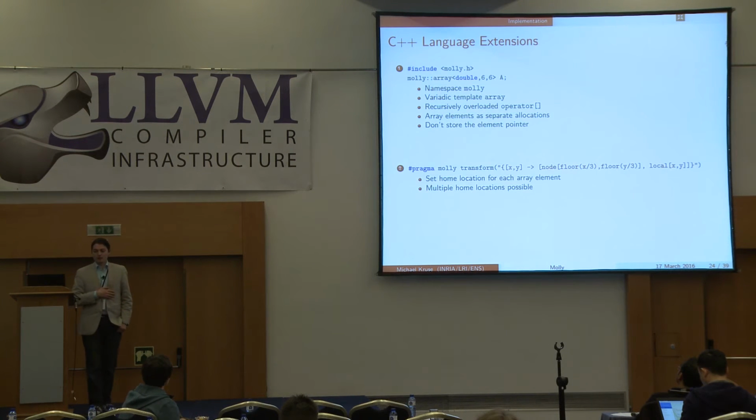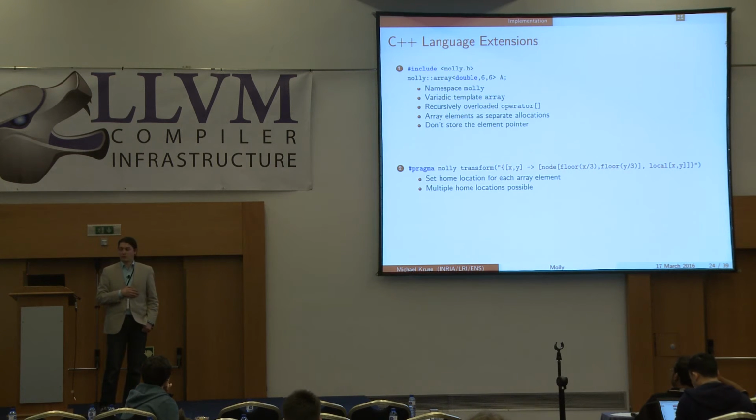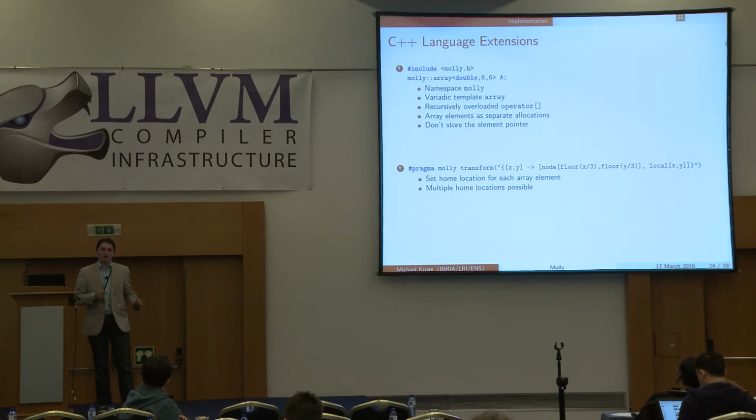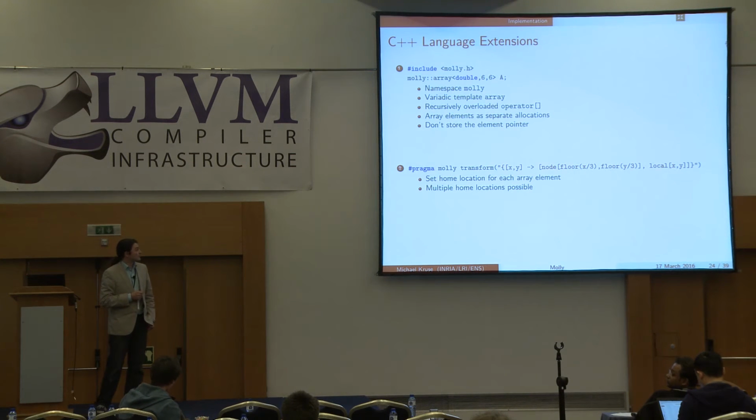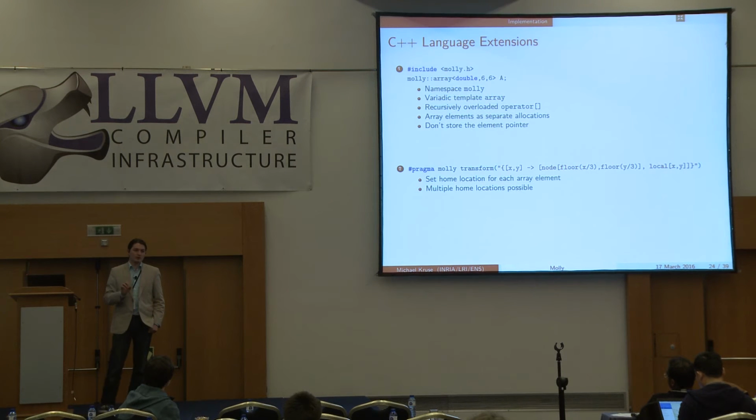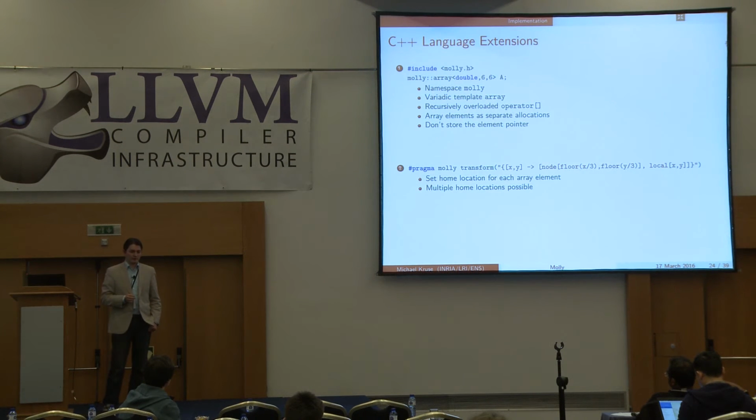Then we have a means to define on which node you want to store the elements. They are what I called the home locations before. This one takes x and y, for a two-dimensional array, and says I want it stored on the node with the coordinates floor of something, and a local component to define the order of the elements within the same node.